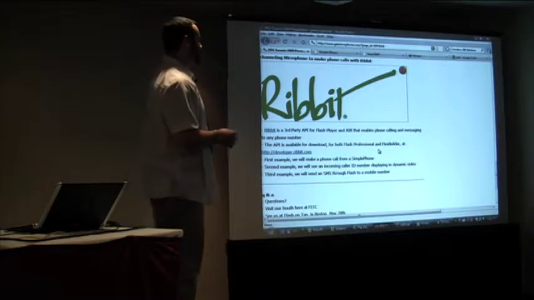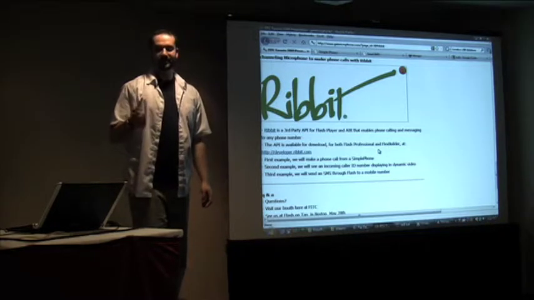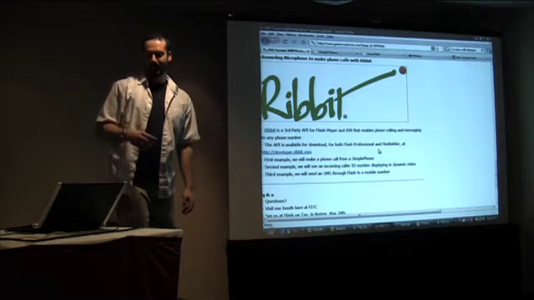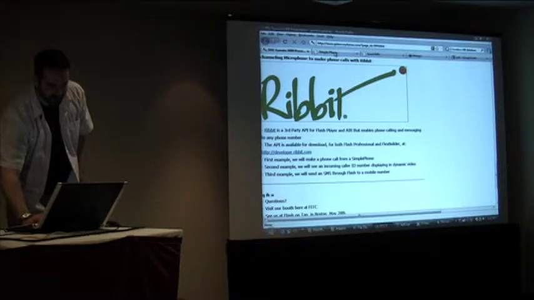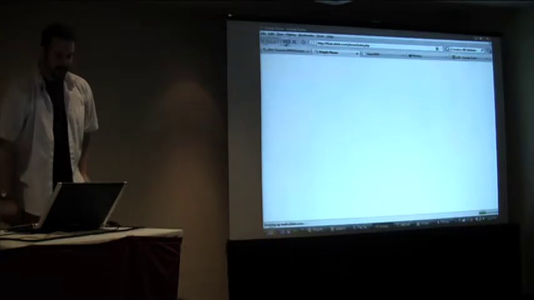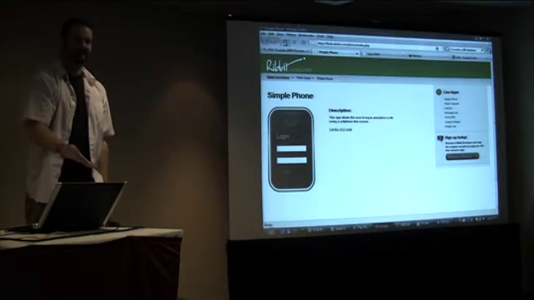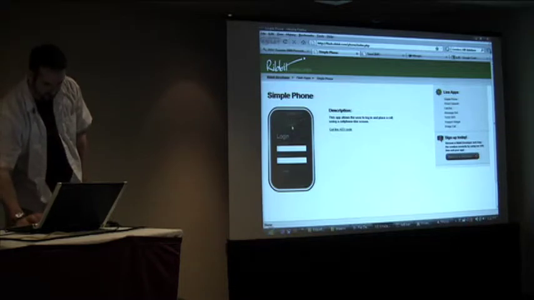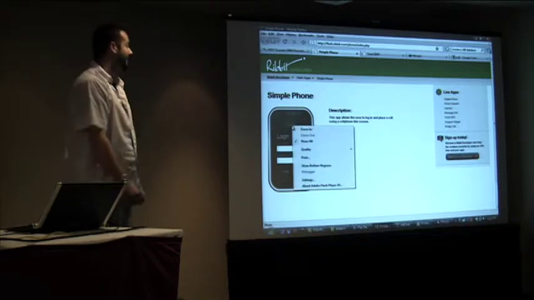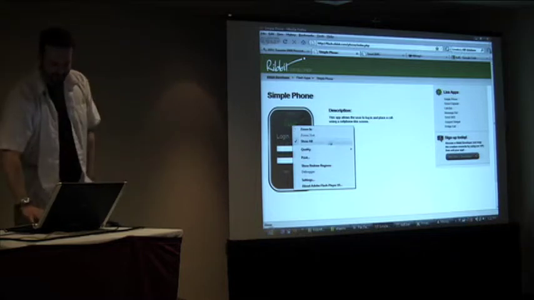So I'm going to do a couple examples here, and we have some shirts to throw out to folks who graciously volunteer. So I'm going to jump over to this first example, which is a simple phone, because it's simple. And this is all Flash, so I'm going to right-click on this to prove it to you. Ready? Flash Player. Okay, so nothing else.